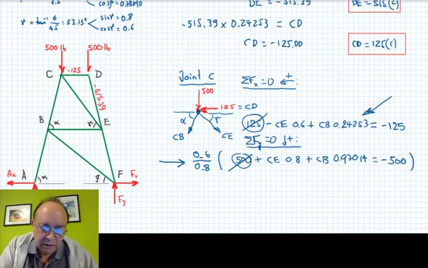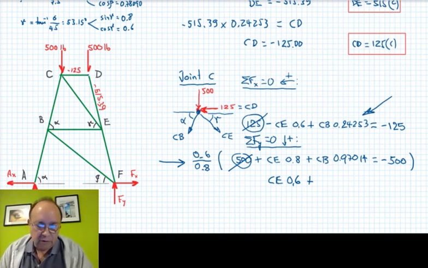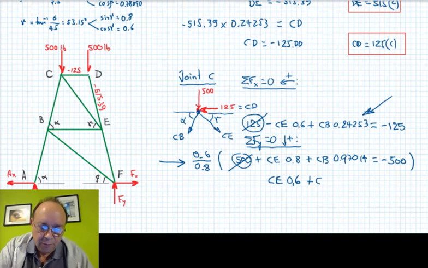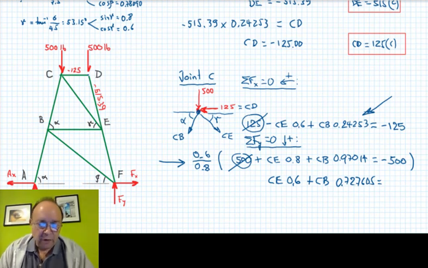So we have here 0.6 CE plus 0.6 over 0.8 times 0.97014 equals, so that will be CB times 0.727605 equals 0.6 over 0.8 times 500 negative, so we have here minus 375.